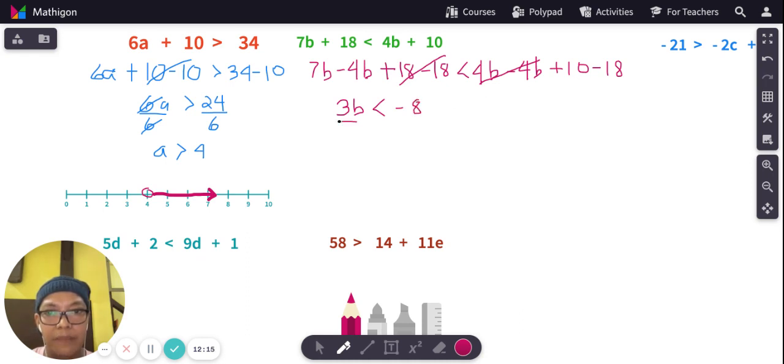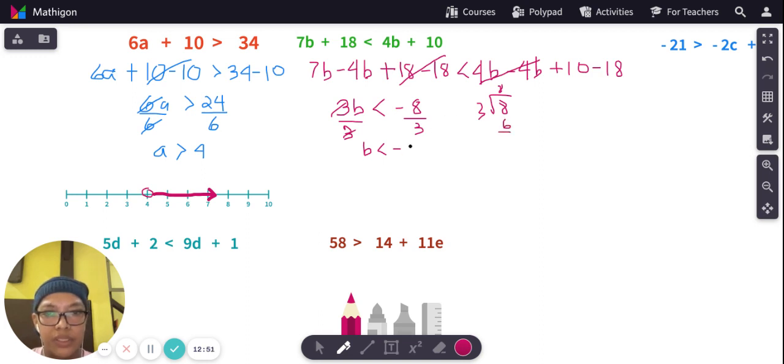So there is no common factor, but we need to remove this to get our answer. This is B is less than negative 8 over 3, which is somehow 2.66, 2.67, 2 and 2/3.